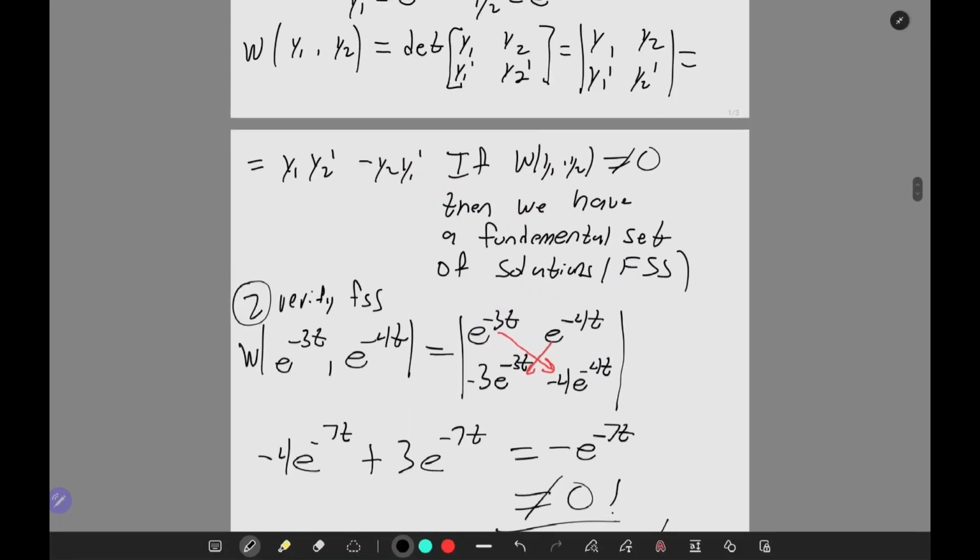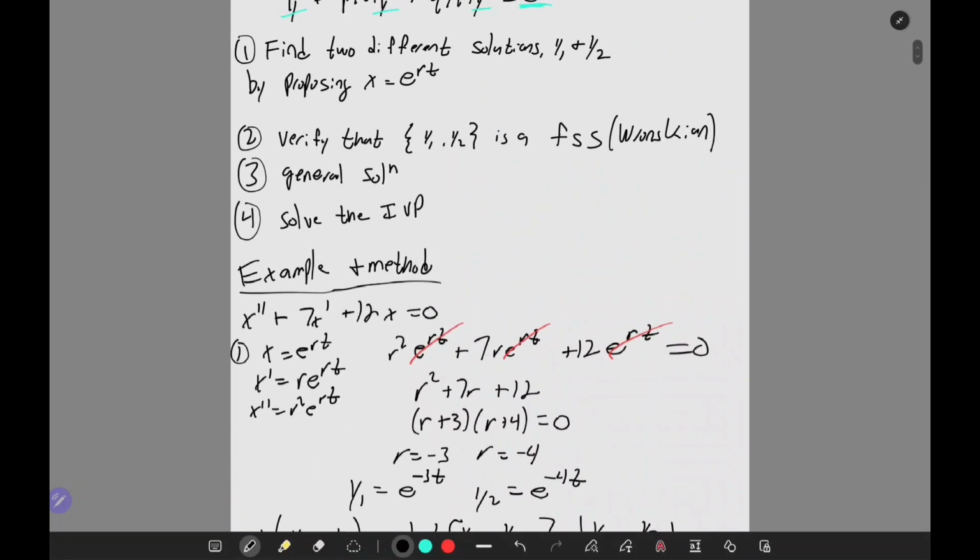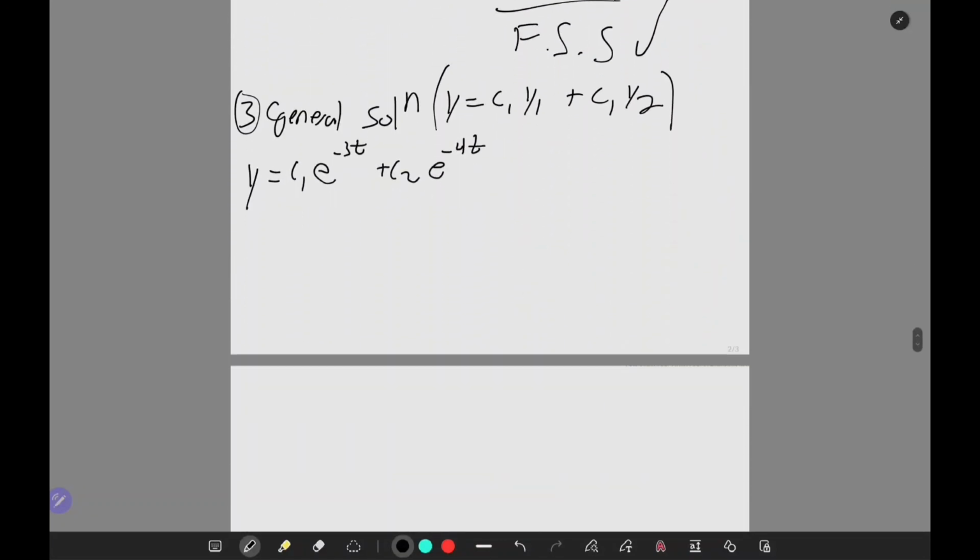Okay, so now this was a whole example of the whole thing. But now, step 4, what if we had an IVP? Which we will always have an IVP for these ones. Step 4, say that we were given, because this will allow us to solve for C1, C2, right?